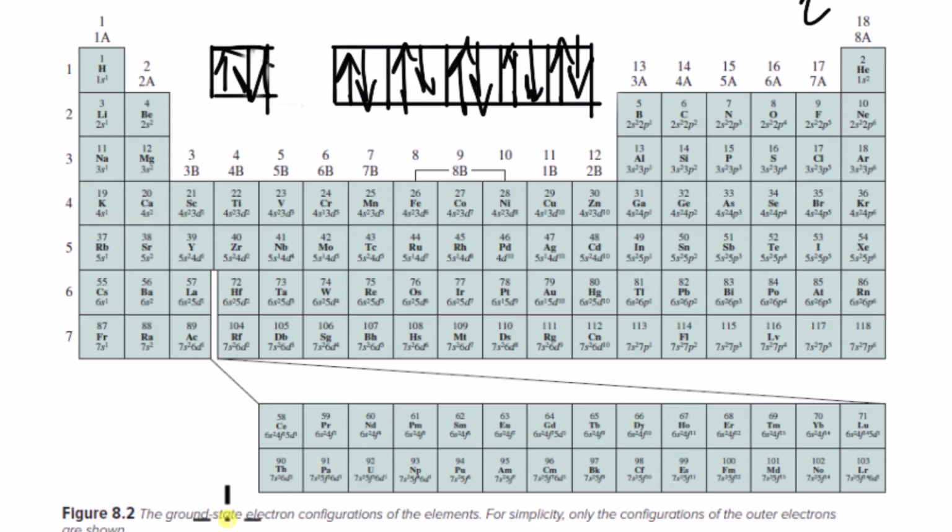Now with the lanthanides and the actinides, there's not going to be many d orbital electrons in the outer shell, because remember these two rows get squeezed in here, so you don't fill up 5d and 6d until after you've filled up 4f and 5f. So it's really going to be the 6s and the 7s electrons, maybe a d electron depending on the circumstance, and then just f electrons.